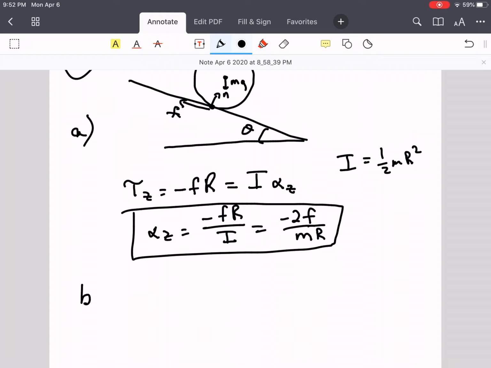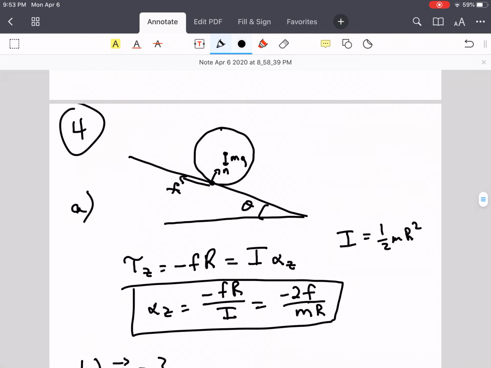All right, so part B of the problem now asks, what is the linear acceleration? So here, don't make it complicated. This is the linear acceleration of the center of mass. All we're going to do is use the usual Newton's laws. So if this is our free body diagram, I'll do my usual choice of axes, which is the same thing I did when I was doing this problem earlier. So x is downhill, y is perpendicular to the hill.